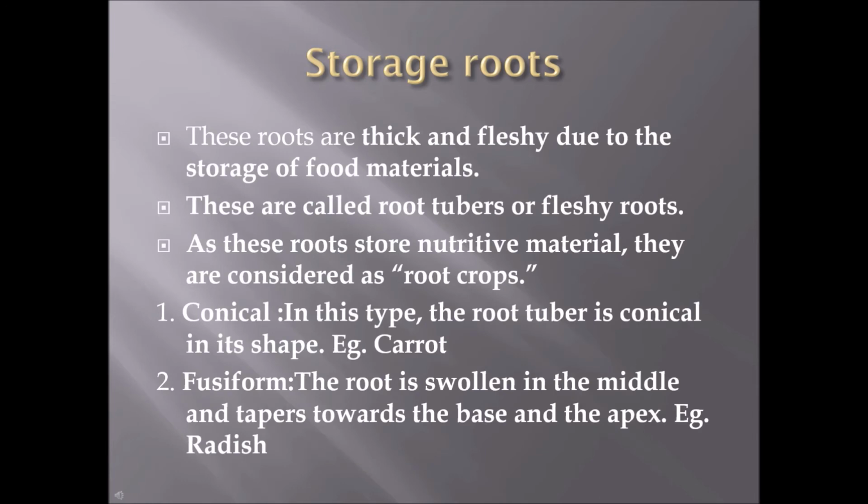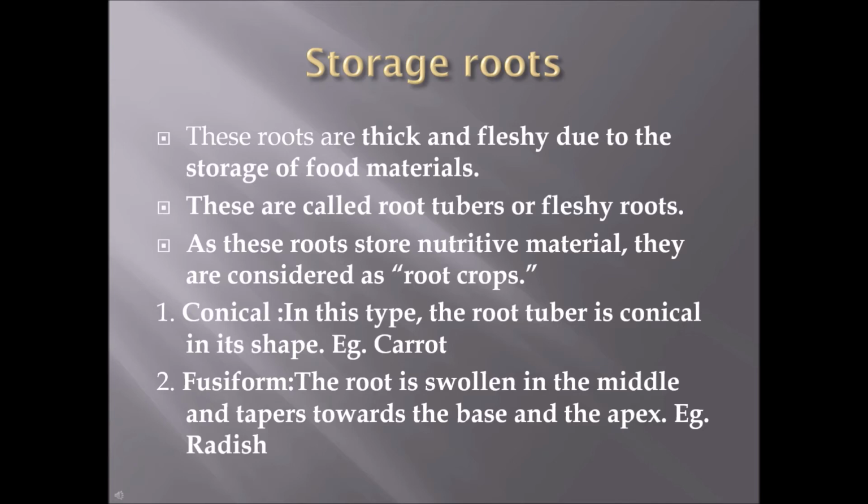Let us see the definition now. These roots are thick and fleshy due to the storage of material. What happens inside the roots? All the food materials get stored again and again, and it forms a thick, fleshy part. That is called storage roots.